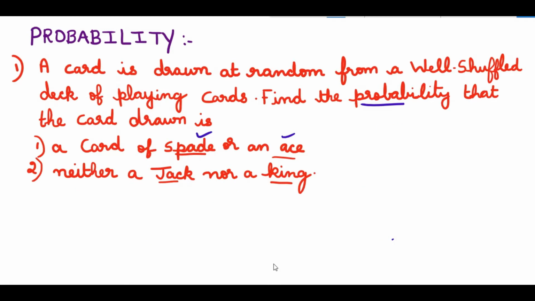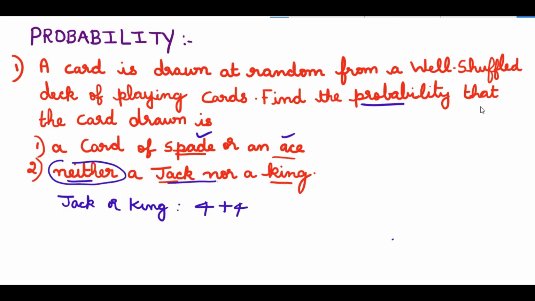Now the second part is, it should be neither a jack nor a king. That means we need to see how many jacks and kings we have. We have 4 jacks and 4 kings.